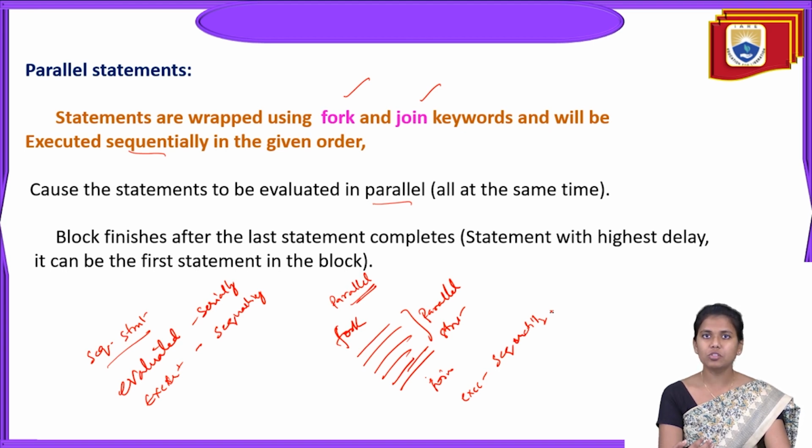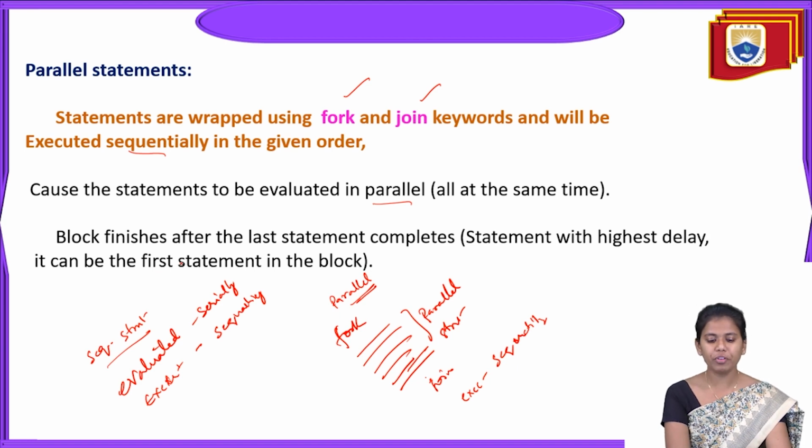But when it comes to evaluation, evaluating the statements is made as per the respective statement conditions. For example, in parallel statements, all the statements are evaluated at a time, whereas in sequential statements, the evaluation is done in serial fashion.